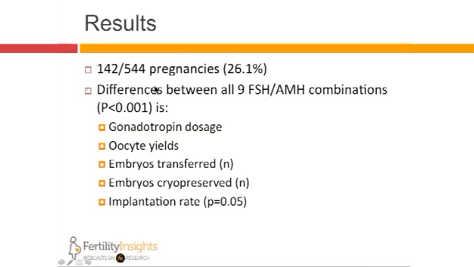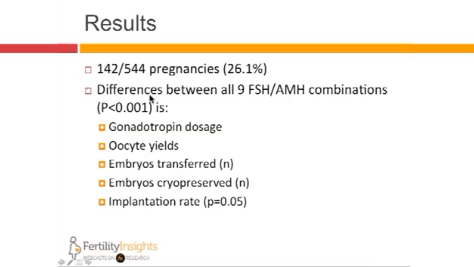Now, what we found in statistical analyses performed by our statisticians were quite significant differences between all those 9 FSH-AMH combinations. That is in itself already a very important observation, because it obviously tells you that if there are significant differences between those 9 combinations, the assessment of this combination of FSH and AMH has statistical importance.